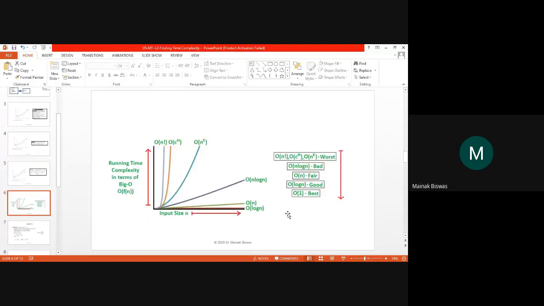Even if n is infinity, if you can complete it in O(1) complexity, then it is the best. Next is O(log n), that is good. O(n) is fair, O(n log n) is bad, and worst are the exponential time complexities: O(c to the power n), O(n!). So these are some of the standard time complexities.